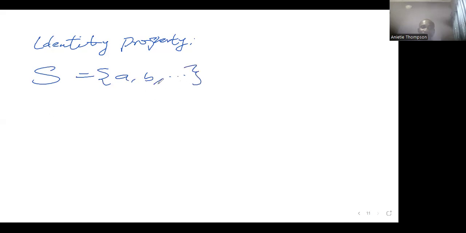There is an element inside of this set such that if you add it to any of these numbers, say A, it will still give you the value A. You add B to it, it still gives you the value B. If there is such an element in this set, then such an element, for example, if it is E, is called an identity element.